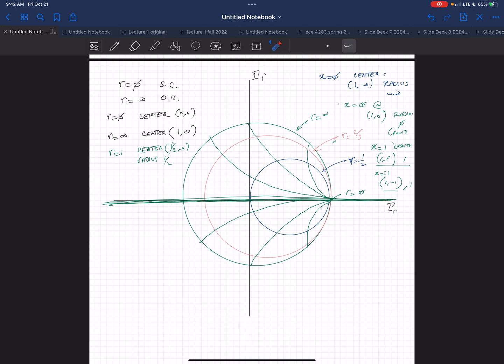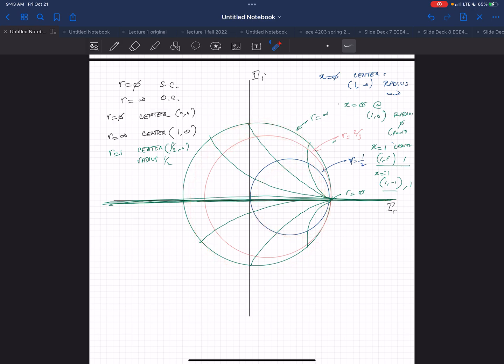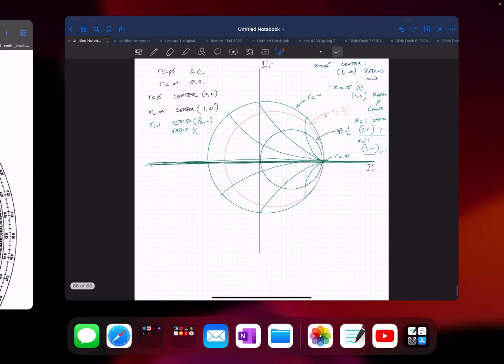I have two sets of circles, one with the varying real part of the impedance, and then circles drawn with the imaginary part of the impedance. But I'm just drawing the part of those circles that are overlapping. Okay, so that ends up being this Smith chart.